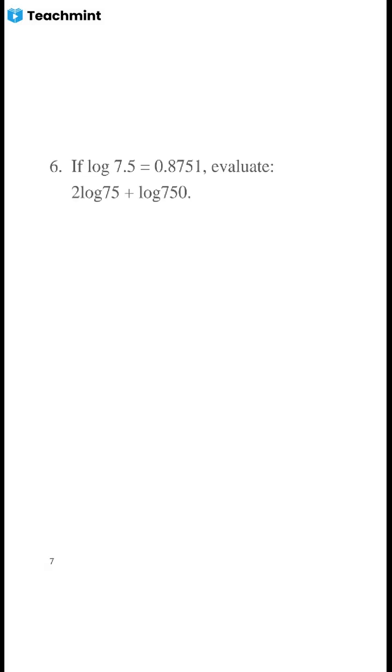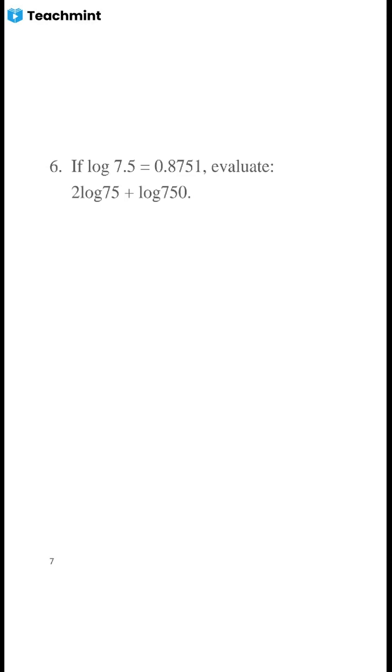Now, here, if log this equals this, evaluate this. If you press your calculator, you discover that when you are looking for log 77.5, log 75, log 750, log 7,500, so far it is having that digit 75. It is the number before the decimal point that will be changing. Now, here you have one number, 7.5. When you have 1 digit before the decimal point, we are going to have 0 point. When we have 2 numbers before the decimal point, we are going to have 1 point.